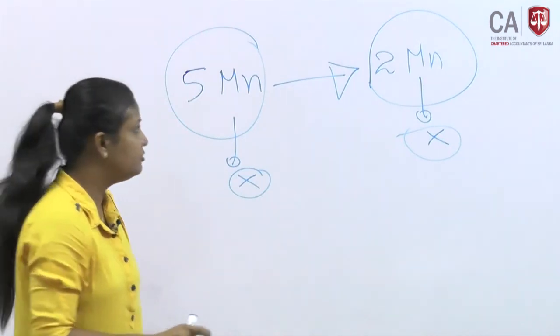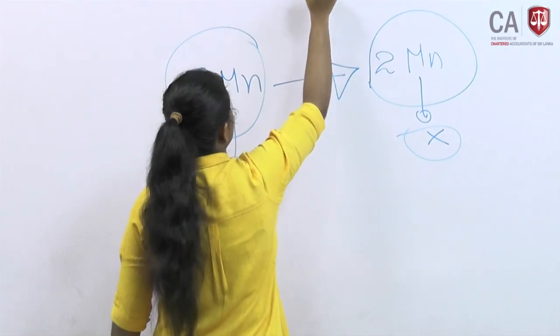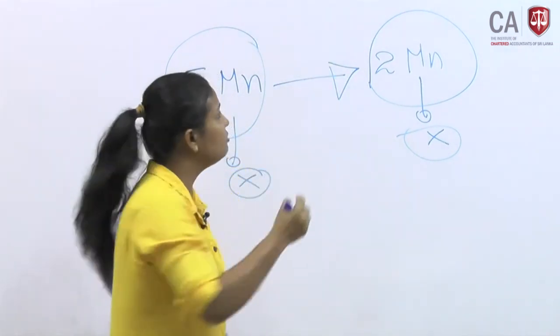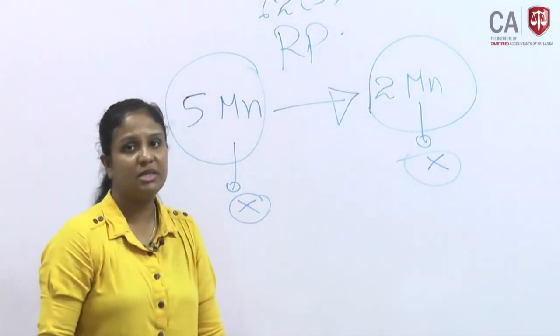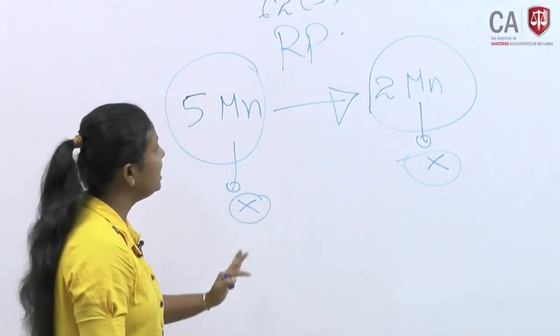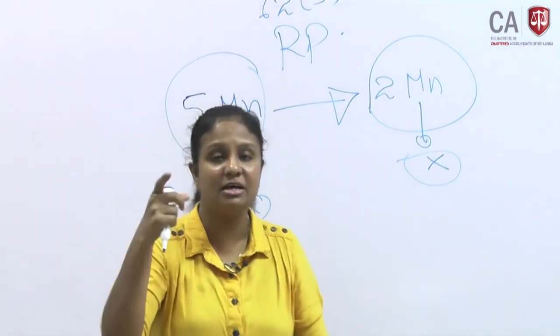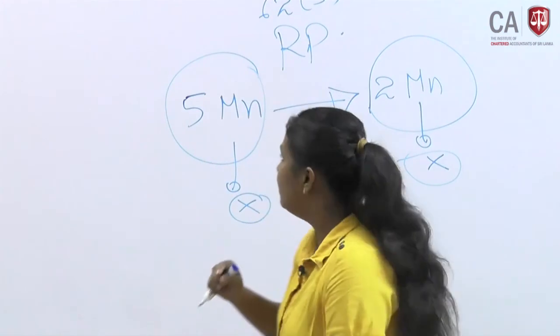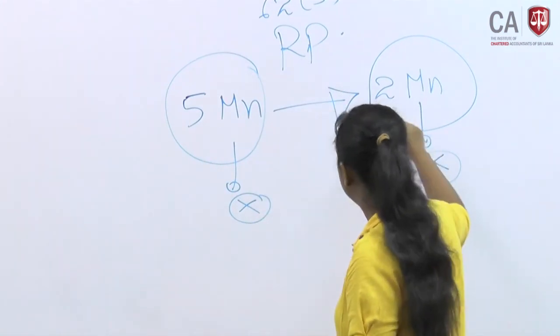To give that advice, you have to look at section 62 subsection 3. What is the meaning of remitted profit? In the remitted profit, it has given profit earned or retained abroad. Then is it telling it is only 2 million?